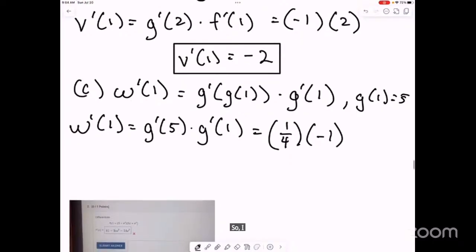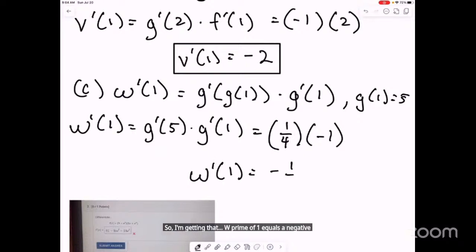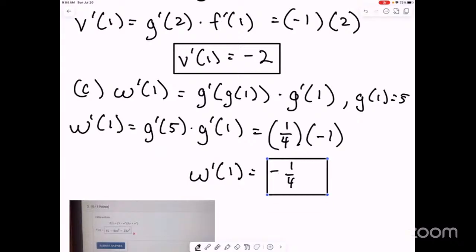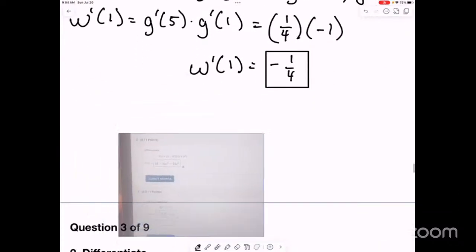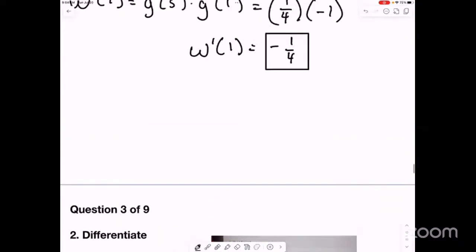So I'm getting that w prime of 1 equals negative 1 by 4. Let's move that there for the time being.